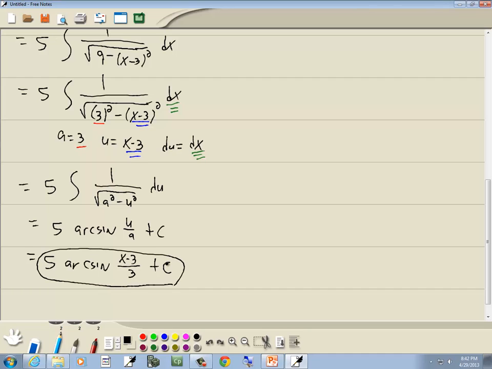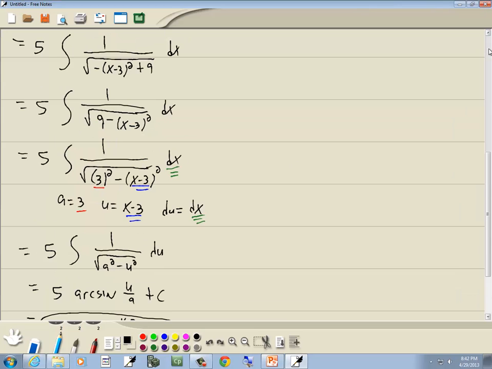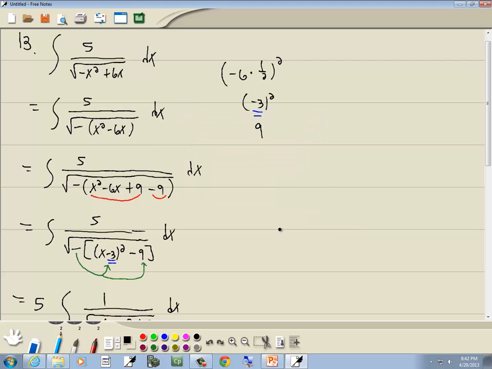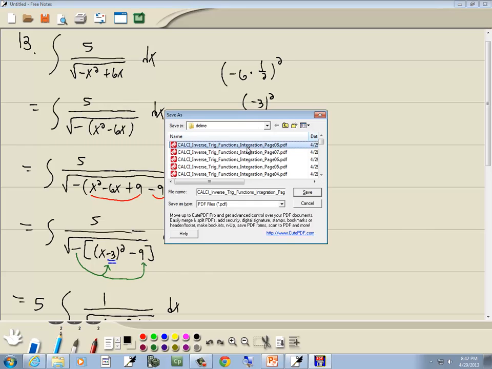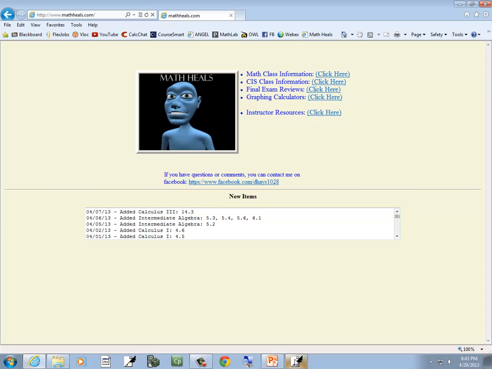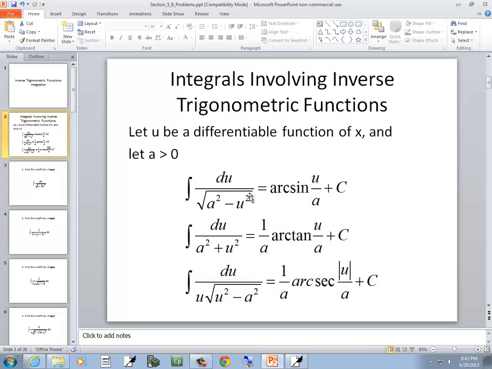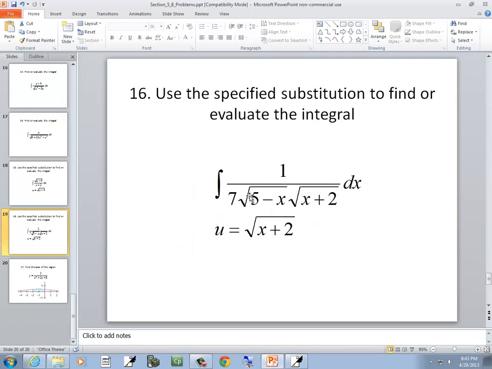And that's our answer. So let me go ahead and save that. That was number 13. So let's go take a look at 14.